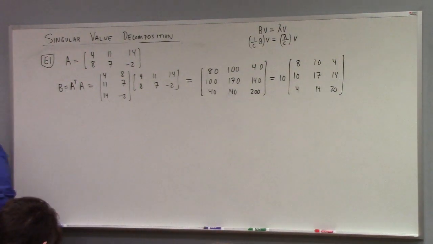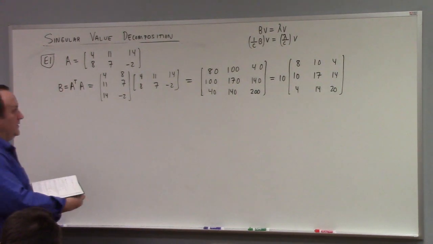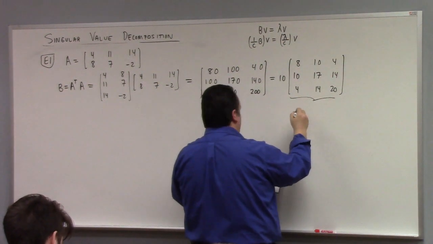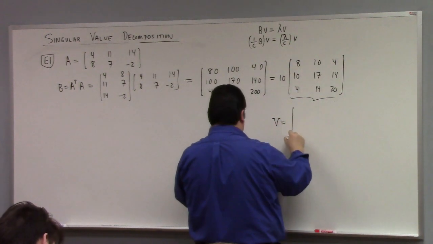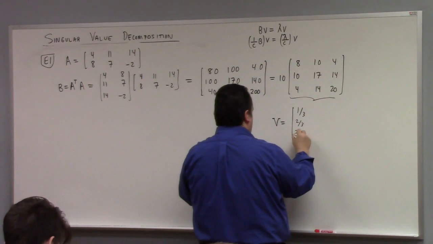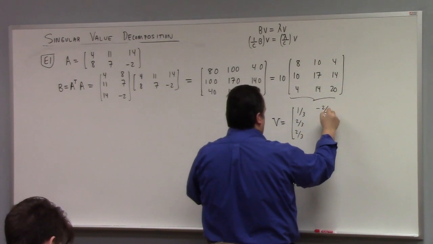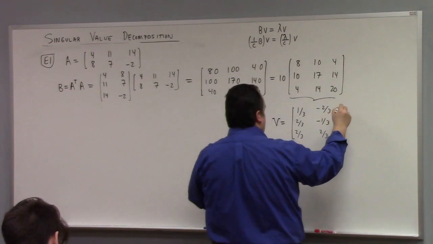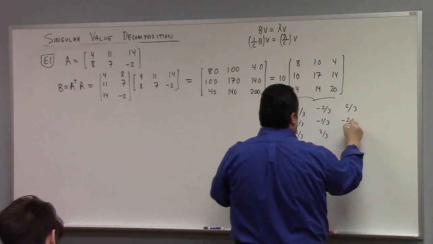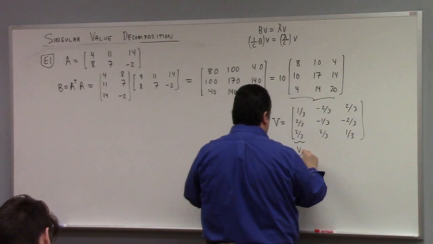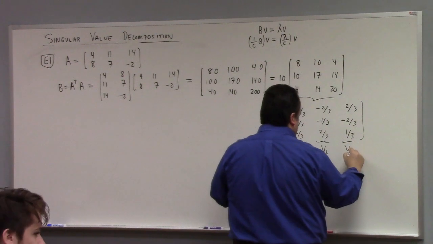So I will steal the results from the book, which are that when you work out, your V is 1/3, 2/3, 2/3, minus 2/3, minus 1/3, 2/3, 2/3, minus 2/3, 1/3. All right, so this is my V1, this is my V2, this is my V3.